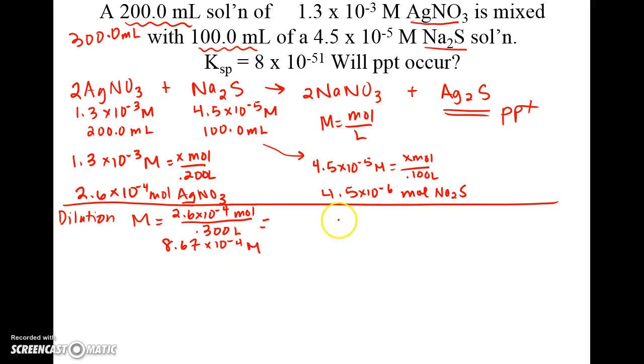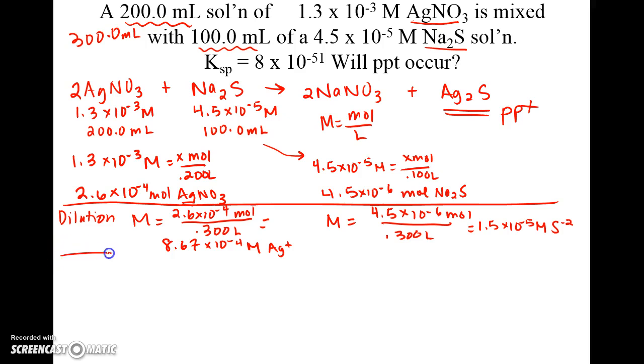This is my molarity of Ag plus, because that's what I'm concerned with. For the sulfide, molarity is equal to 4.5 times 10 to the minus 6 moles over 0.300 liters, which gives me 1.5 times 10 to the minus fifth molar of S. That's the other thing I'm concerned with because I'm looking at Ag2S.